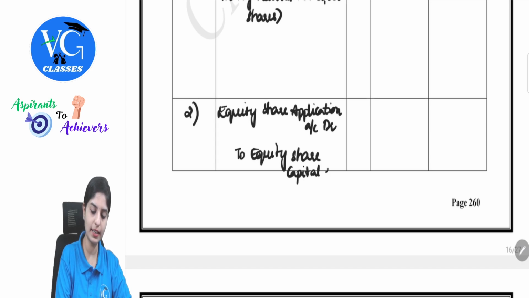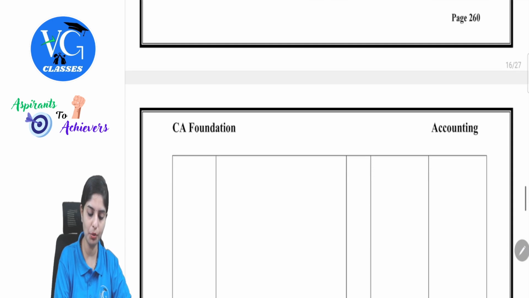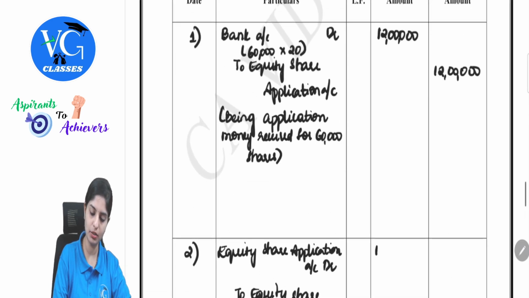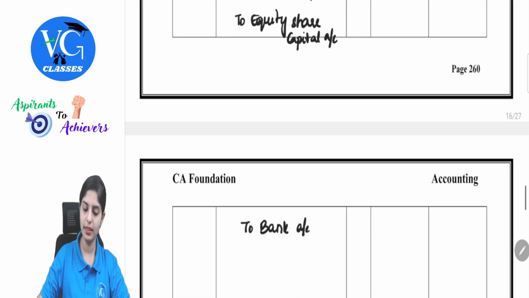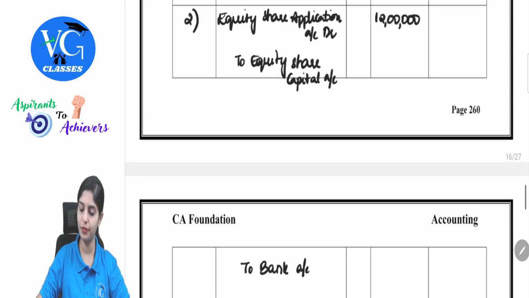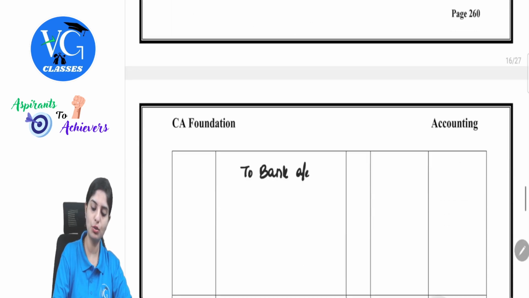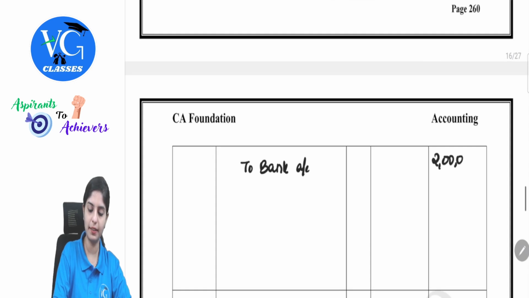But since there is a refund given, there will be to bank as well. How much to share application? We had taken 12 lakh. In this 12 lakh, we are just retaining 50,000 into 20, so this will be 10 lakh and the balance 2 lakh is being refunded.